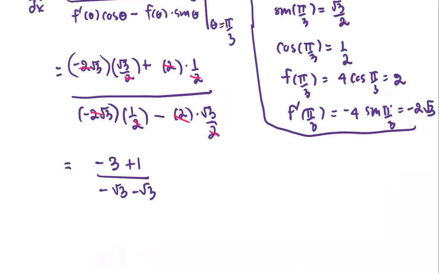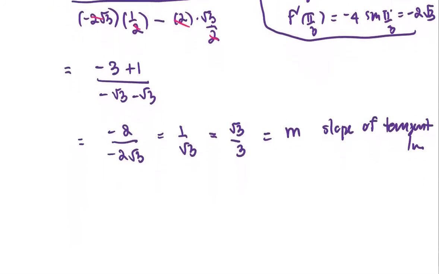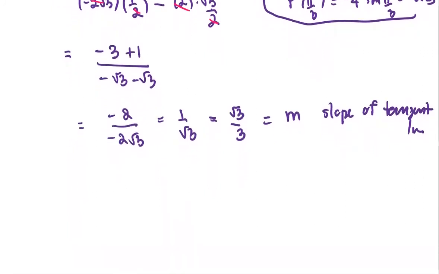It comes out to be negative 2 divided by negative 2 square root 3, or 1 over square root 3, or you can rationalize the denominator to get square root 3 over 3 as m, the slope of the tangent line. Now that we have the m value, we can use m to find the equation of the tangent line for the second part.